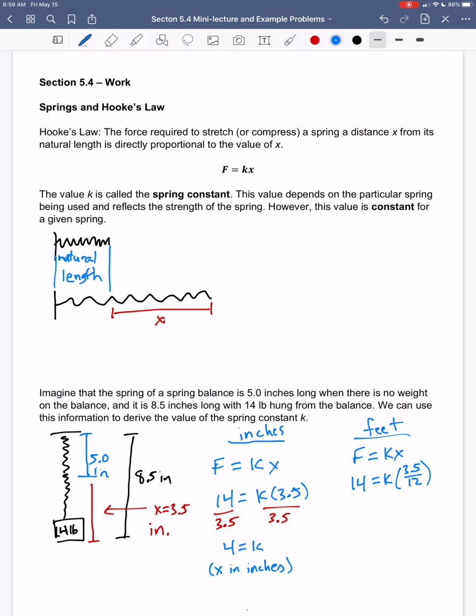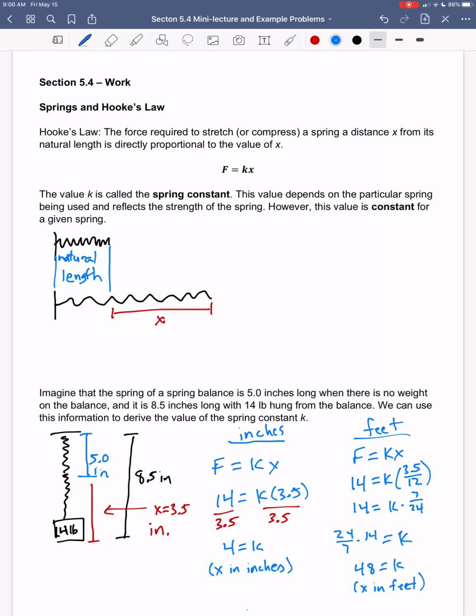I hate decimals and fractions, so I could multiply top and bottom by 2. That would be 7 over 24. And so then I'd multiply by the reciprocal. I'd get 24 over 7 times 14 would be k. 7 goes into 14 twice. So I would get k is 48. And that is if x is being measured in feet.